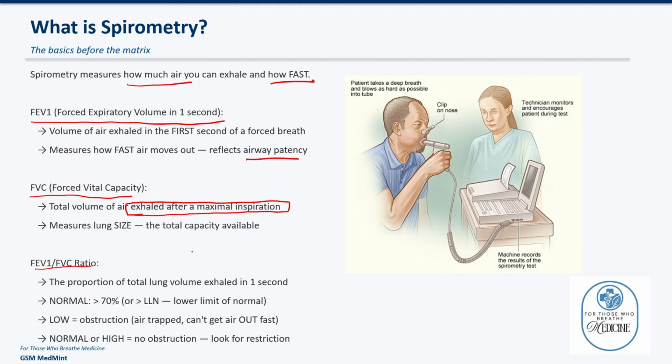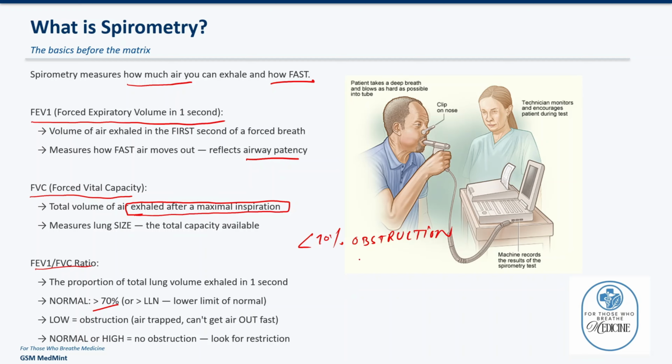Normal is greater than 70% or greater than the lower limit of normal, which adjusts for age, sex, height, and ethnicity. If the ratio is less than 70%, this means obstruction and the patient cannot get the air out fast. The airways are narrowed or collapsed.